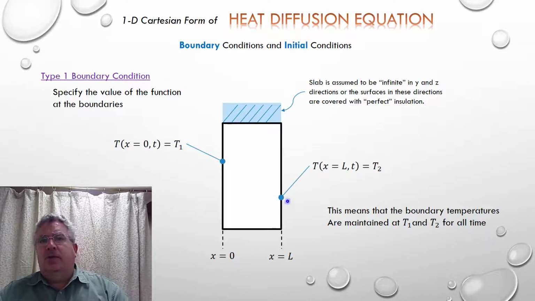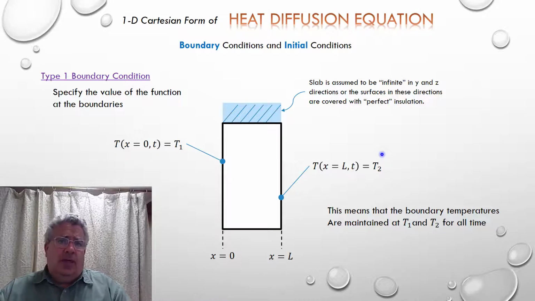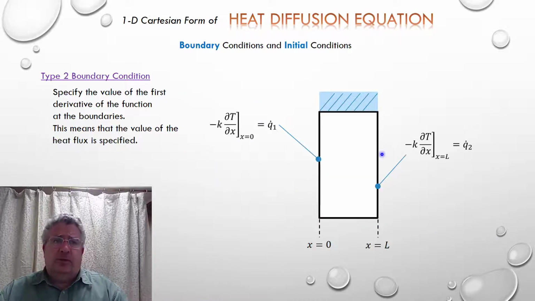And we're going to do the same thing on the right-hand side. It's second order spatial, so we need two boundary conditions. So on the right-hand side, where x equals L, again for all time, we'll specify a value of T2. And those would be my two boundary conditions.